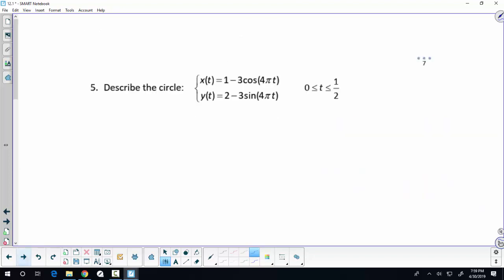Next example, similar. Describe the circle. So what's the center of our circle here? 1, 2. Radius. 3, what do y'all think?